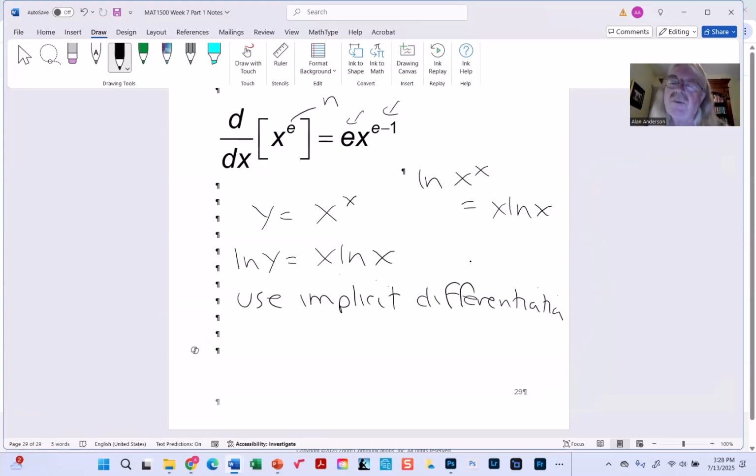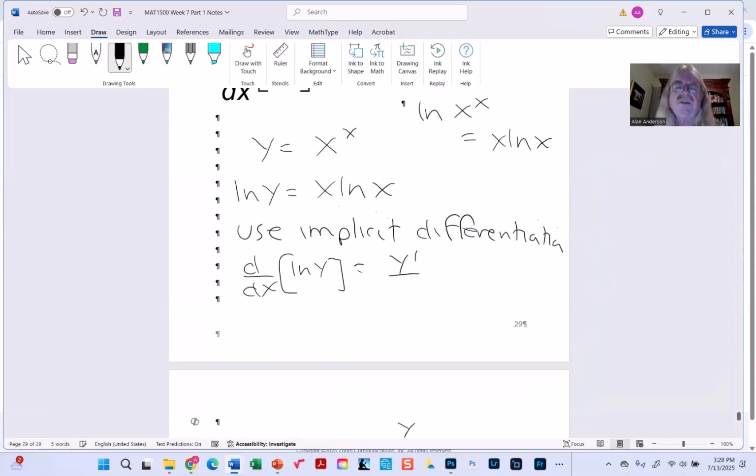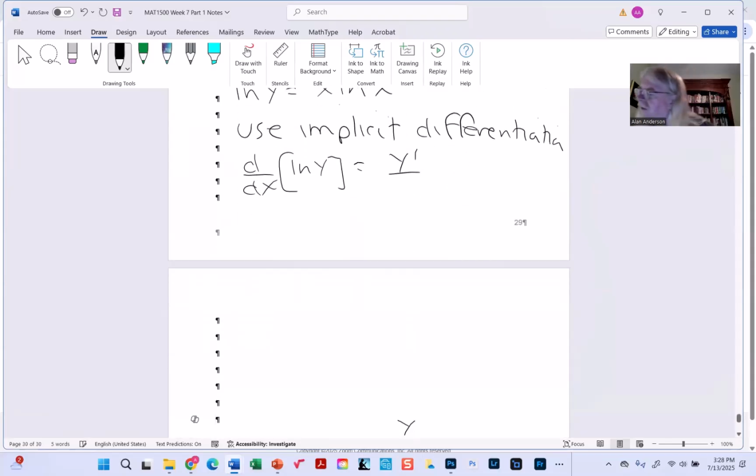So that means we have to use implicit differentiation. And we've seen this before, but when you take the log, the derivative ends up being y prime over y. Okay, that's an important detail. So when you use implicit differentiation with logs like this, that is the result for the y's.